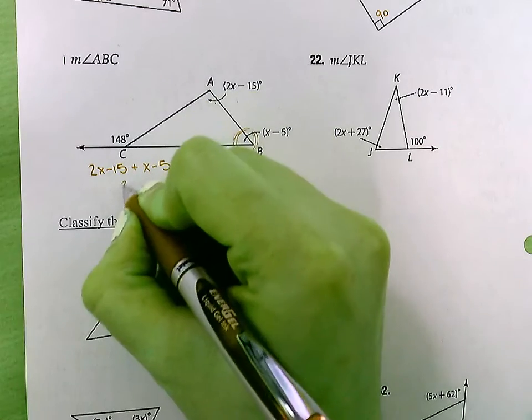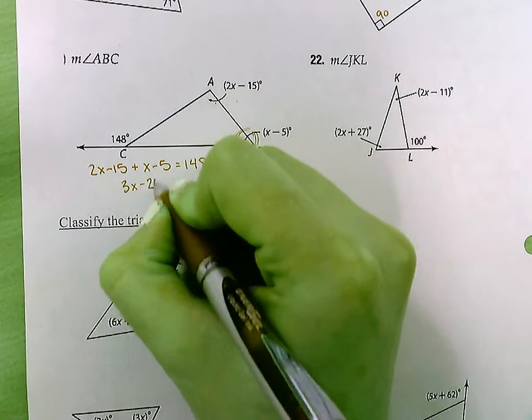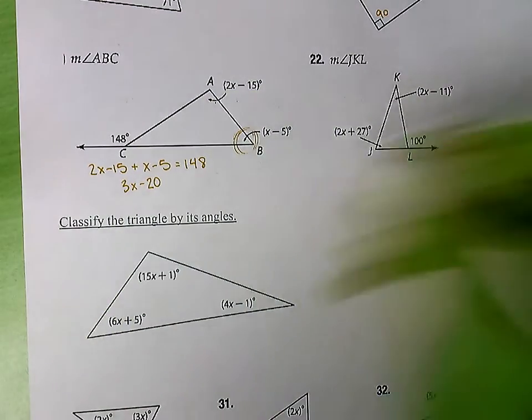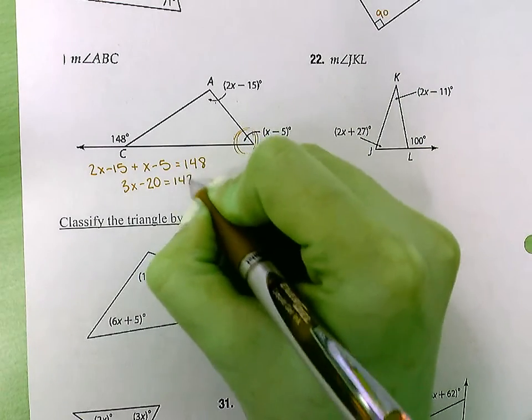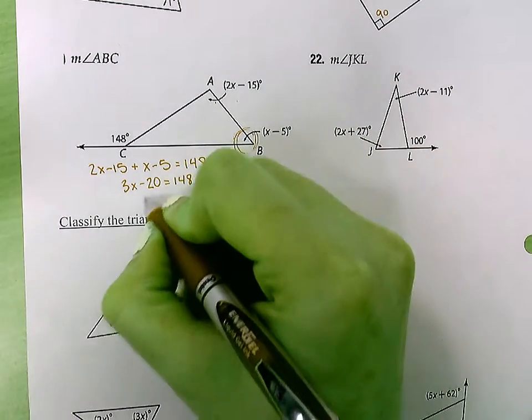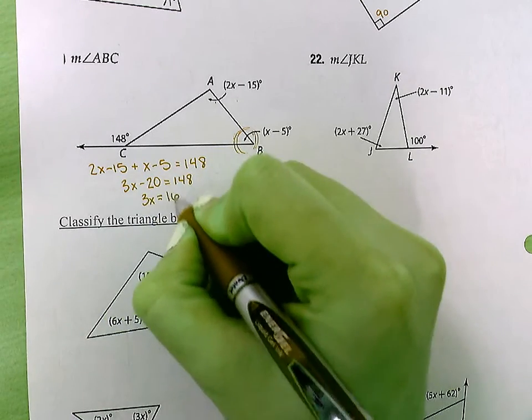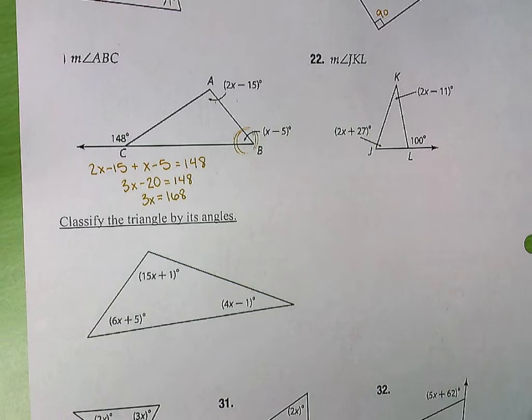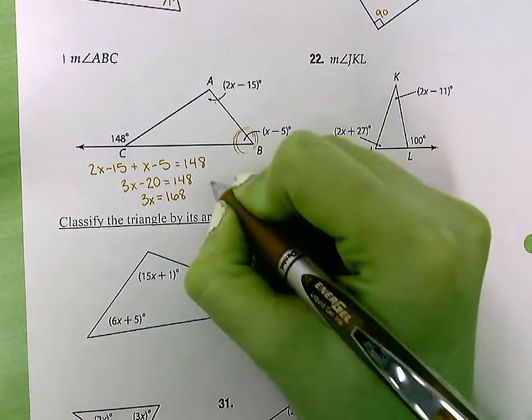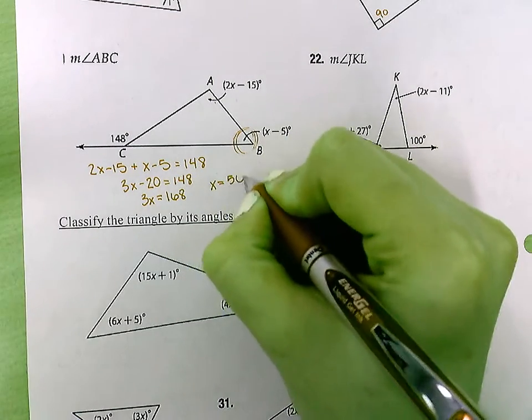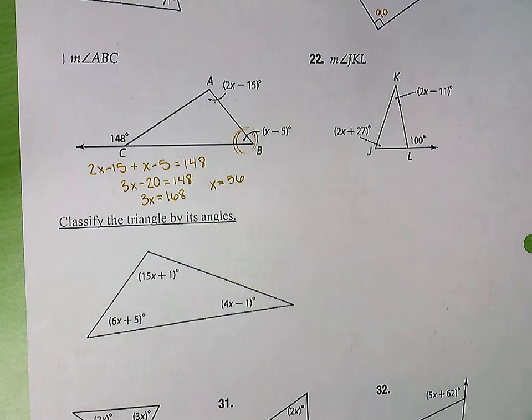So I have 3x minus 20 equals 148. Add 20 to both sides. x will equal 56.